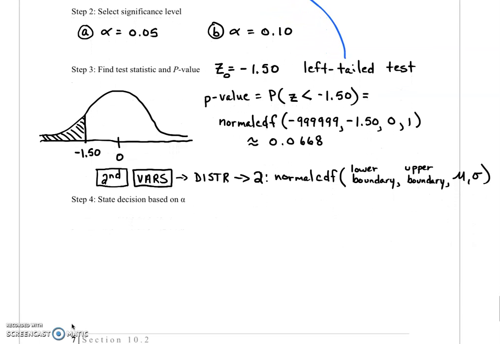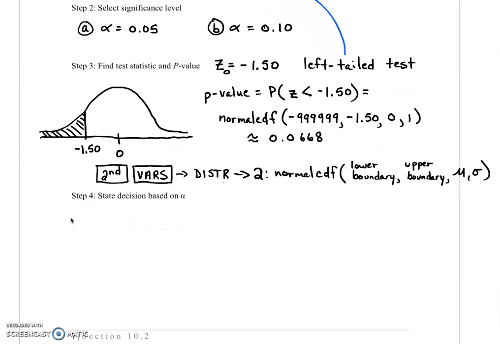So state our decision based on alpha. Well, we had two problems. We had when alpha is 0.05, and we had when alpha was 0.10. So our p-value is greater than alpha when our alpha is 0.05.